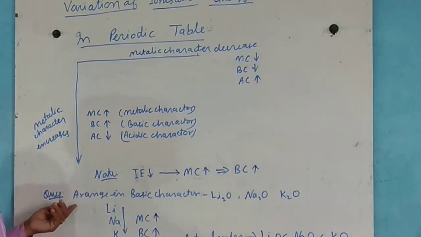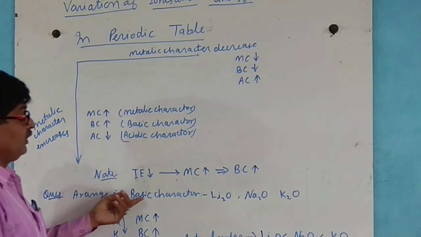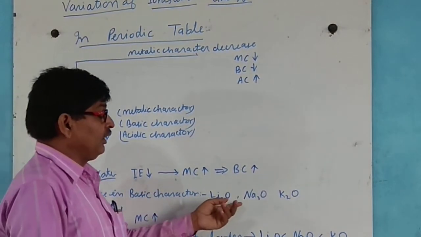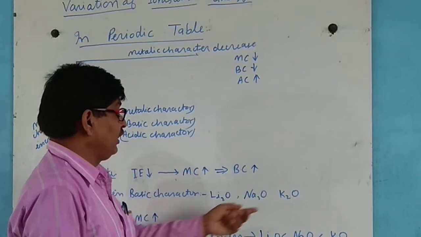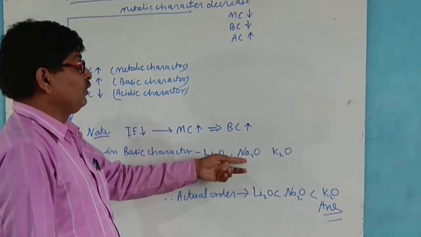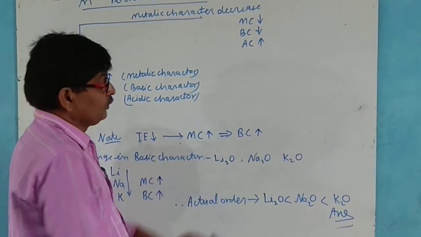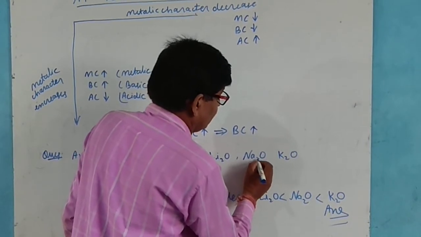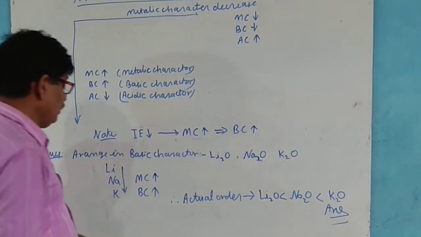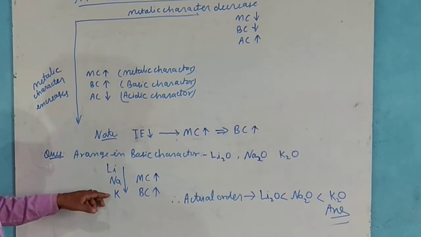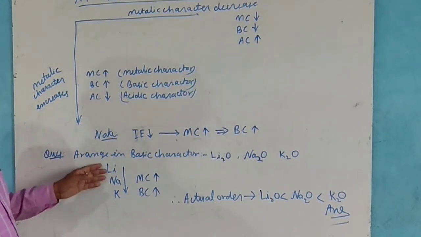Now one problem here: arrange the basic character of lithium oxide, sodium oxide and potassium oxide, Li2O, Na2O and K2O. Lithium, sodium, potassium are in a group.